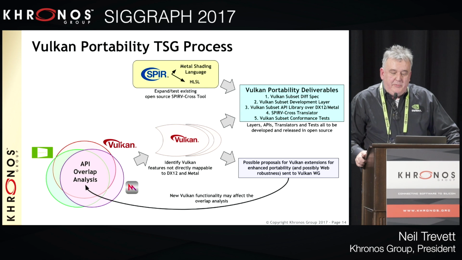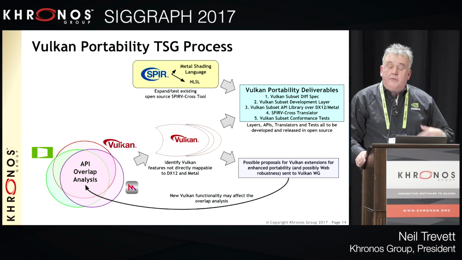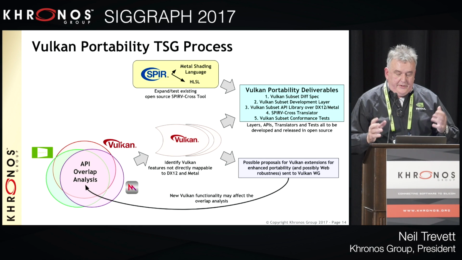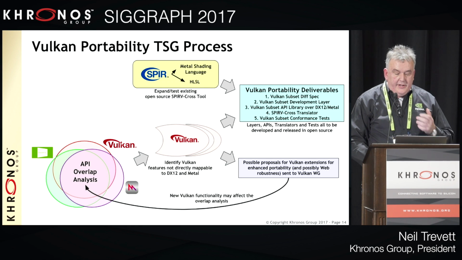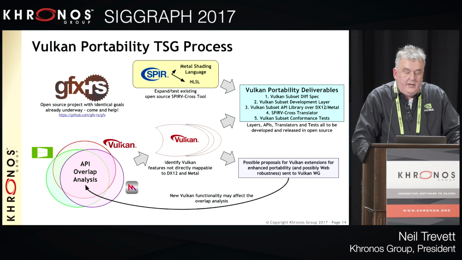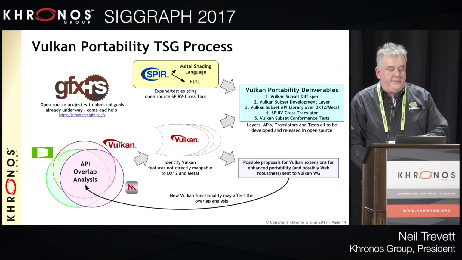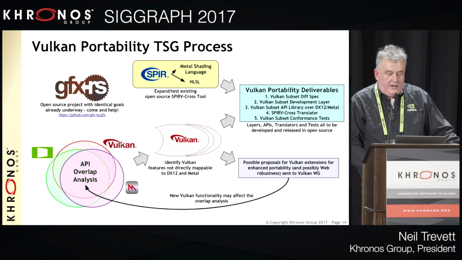Someone suggested to me yesterday we call that the Metal Detector, which I thought was a good idea. And we have a subset of the conformance tests, so you actually check that things are working. So there's some open source work to do here. There's actually already an open source project, gfx-rs, that has identical goals, and it's by folks from Mozilla who are in the working group. So you can come and start helping us, both on SPIRV-Cross and gfx-rs.